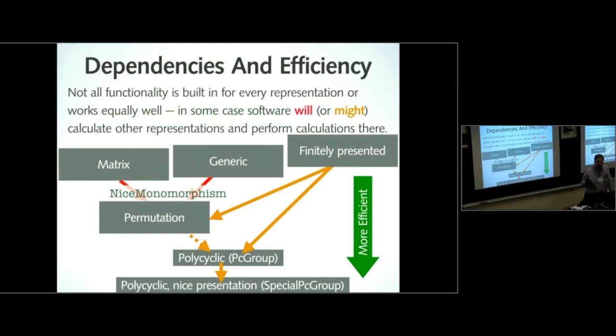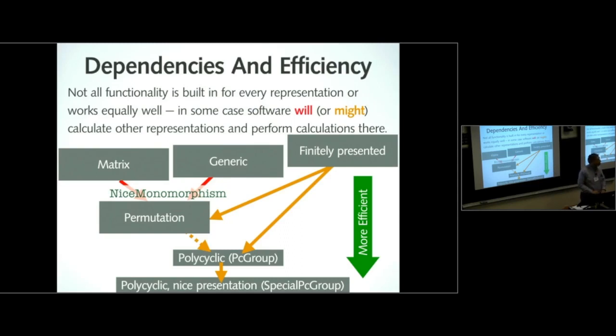If someone promises you a monomorphism into a group of permutations, where your letter A corresponds to this permutation and your letter B corresponds to this permutation, equality testing suddenly becomes very easy because you just evaluate the product in the permutations. So the codomain is the nice one. Yes, so it would be a nice codomain monomorphism.